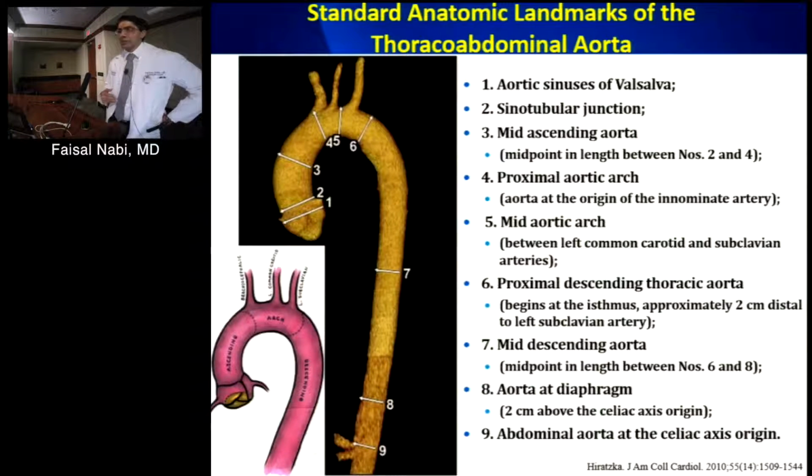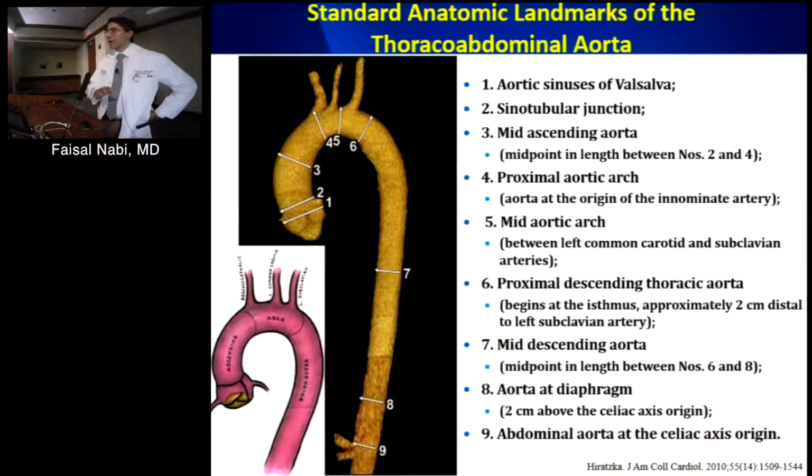The aortic arch is from the brachiocephalic trunk to the left subclavian. The descending thoracic aorta is from the left subclavian down to the crux of the diaphragm. There is a segment in the descending thoracic aorta called the isthmus, defined as the region from the left subclavian artery to the ligamentum arteriosum.